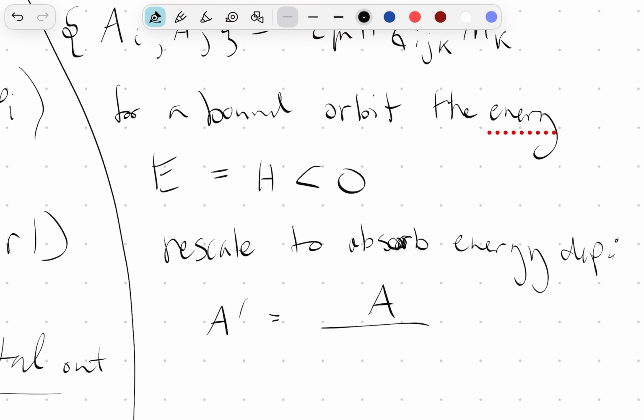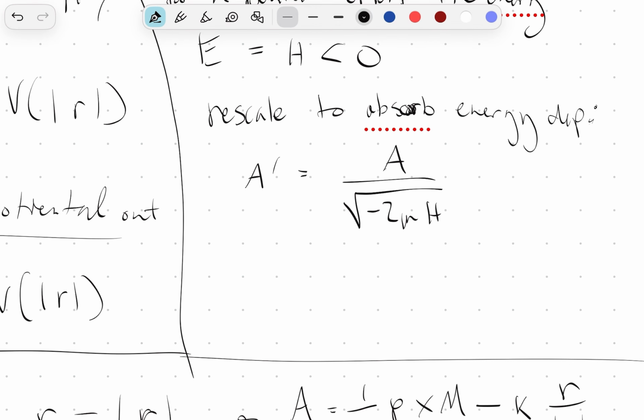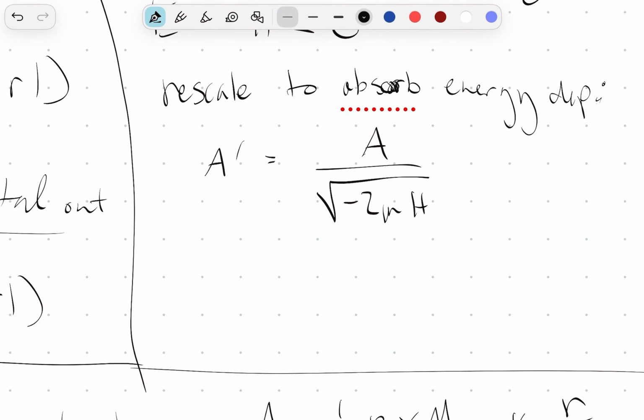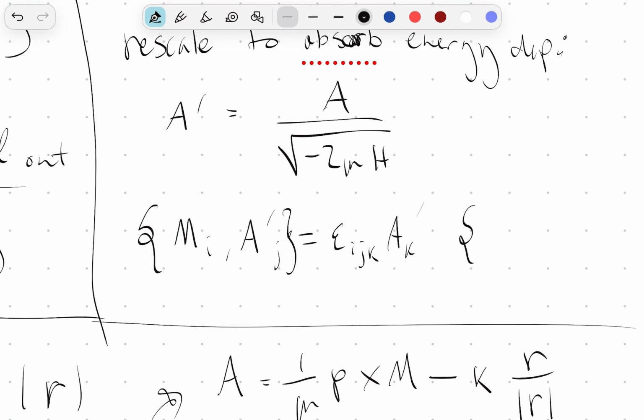A prime would be A for this vector over the square root of minus 2 mu H. And by doing that, this rescaled vector will then give us brackets that look like M_i, A'_j equals Levi-Civita epsilon_ijk A'_k, and A'_i, A'_j equals Levi-Civita epsilon_ijk M_k. All right.